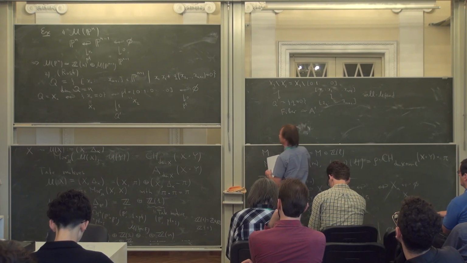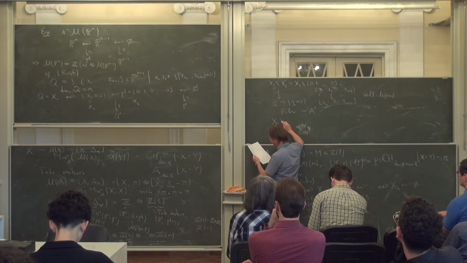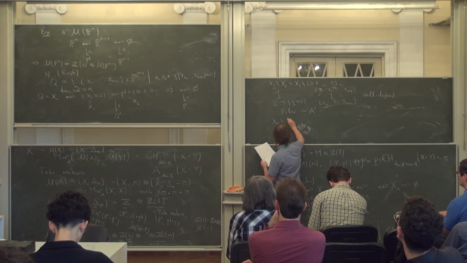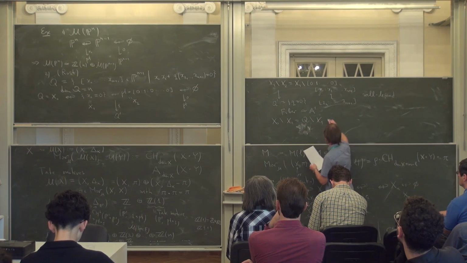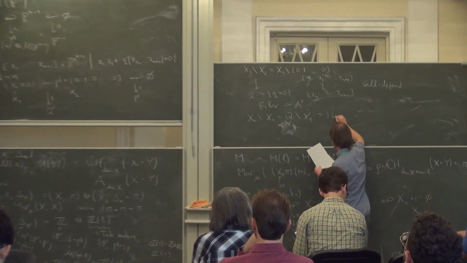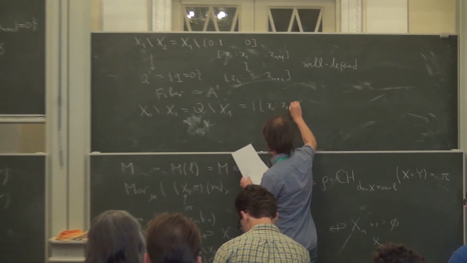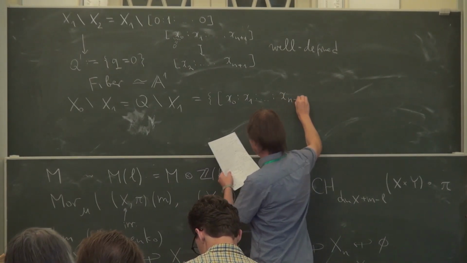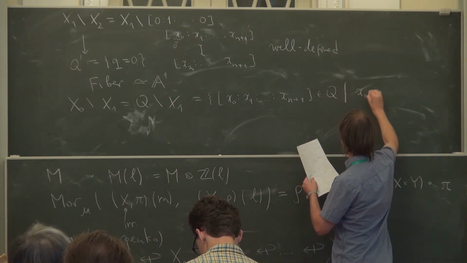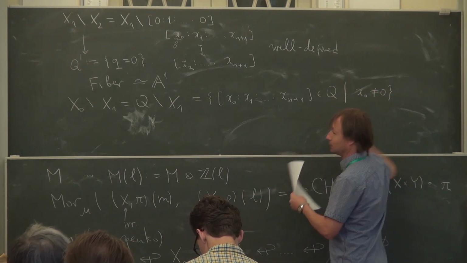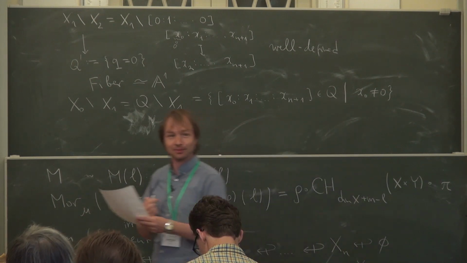Well, so x0 minus x1, or Q minus x1 if you want. So let's write explicitly: these are points on the quadric such that x0 is not 0 this time. Well, if x0 is not 0, we can divide by x0.